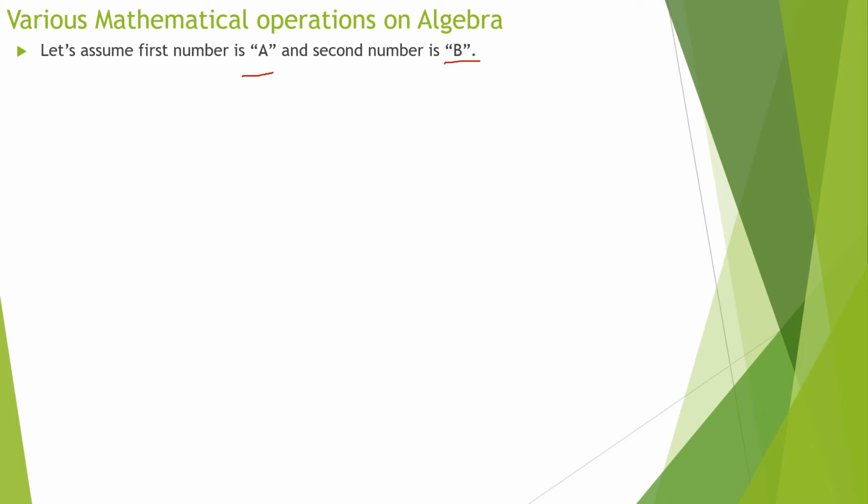How will we add A and B, how will we subtract B from A, how will we multiply these two numbers, how will we divide these two numbers? We will perform all these mathematical operations on the variables instead of constants.